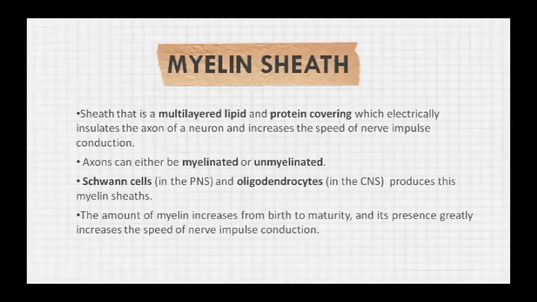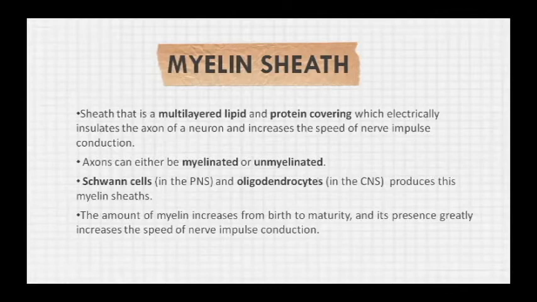Axons could be either myelinated or unmyelinated, meaning they could have a myelin sheath or not have any myelin sheath at all. Schwann cells in the PNS and oligodendrocytes in the CNS produce these myelin sheaths. The amount of myelin increases from birth to maturity, and its presence greatly increases the speed of nerve impulse conduction.